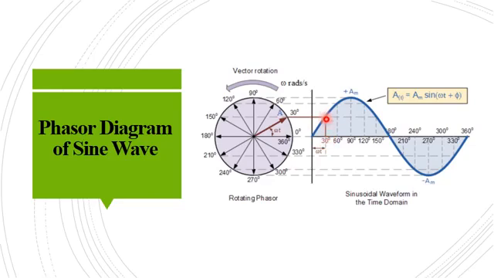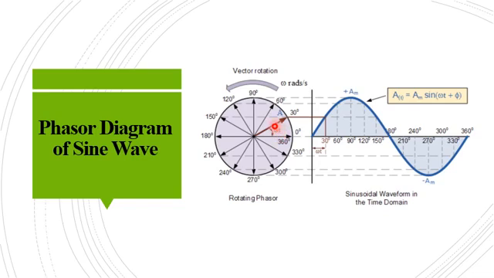Here we can see that at omega t equal to 30 degree, the instantaneous value is marked by this vertical line. And the angle omega t is varying from 0 to 30 degree. Similarly, this is your 0 point.